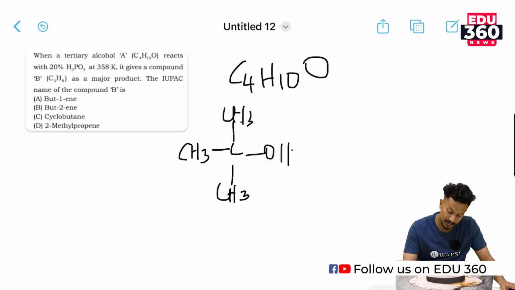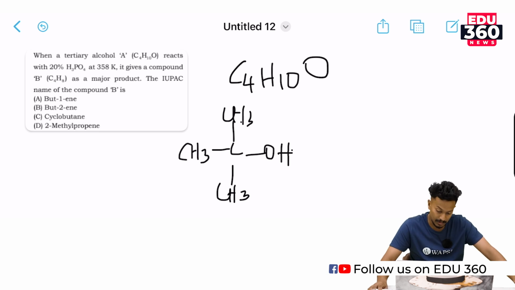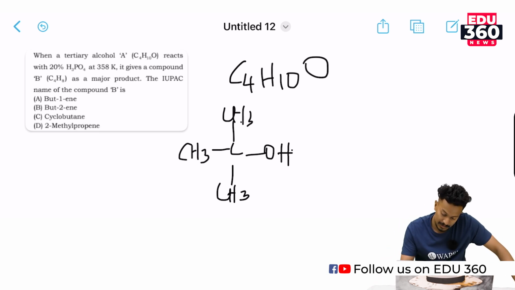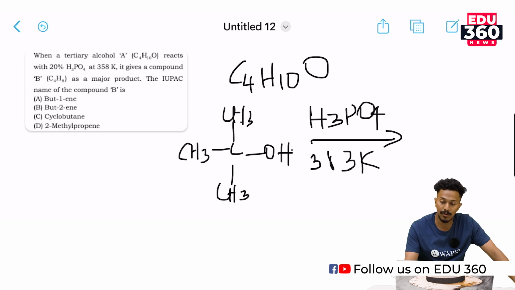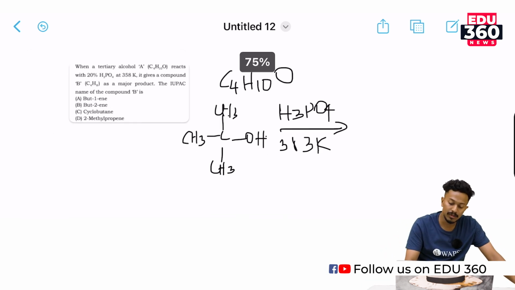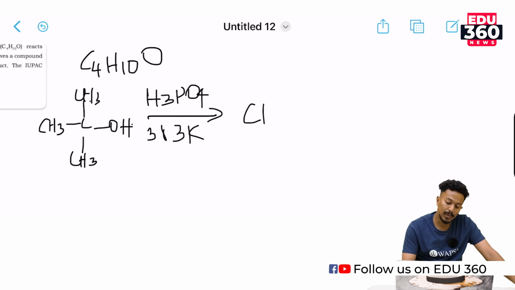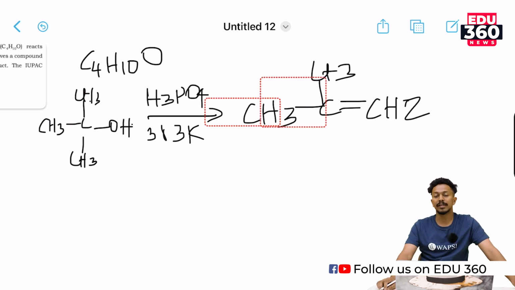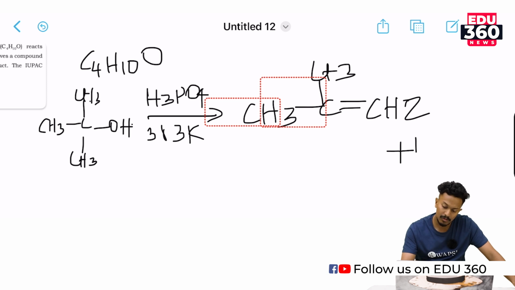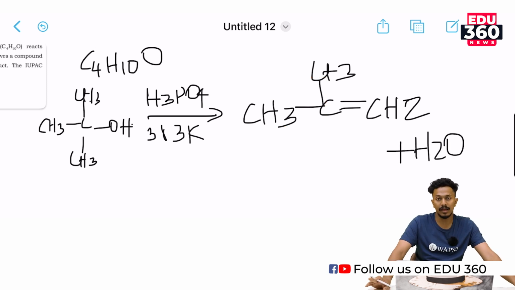Both the number of carbons, hydrogens and oxygen are equal, so we could proceed by treating it with orthophosphoric acid, H3PO4, at 383 Kelvin. By that we could prepare the alkene group, the double bond. This is the alkene that is formed by the treatment of orthophosphoric acid along with water. Yes, this is the reaction.